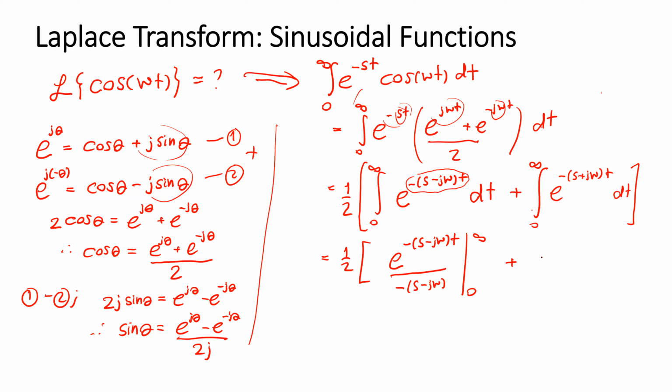Similarly, in the second term, we still have e power minus (s plus j omega) t, divided by minus (s plus j omega), from 0 to infinity.